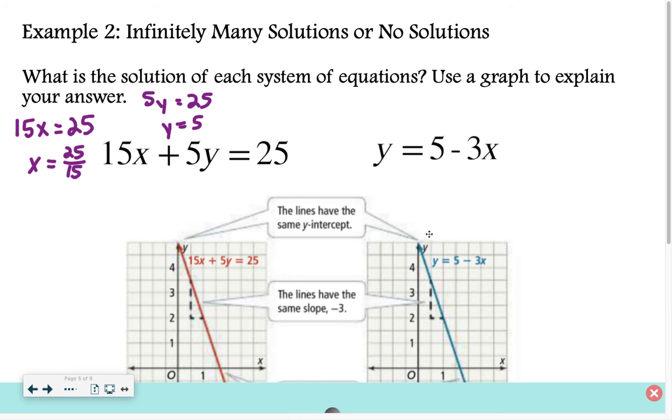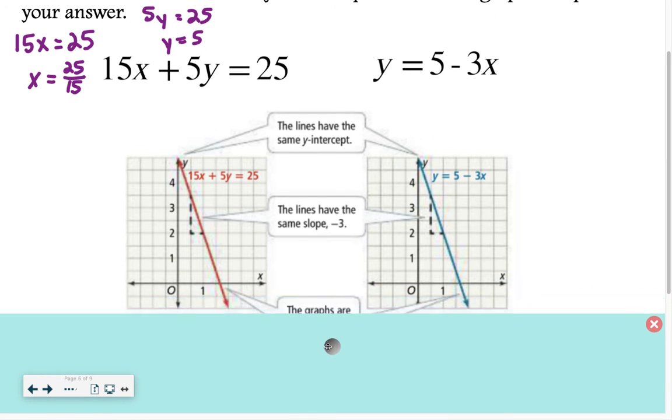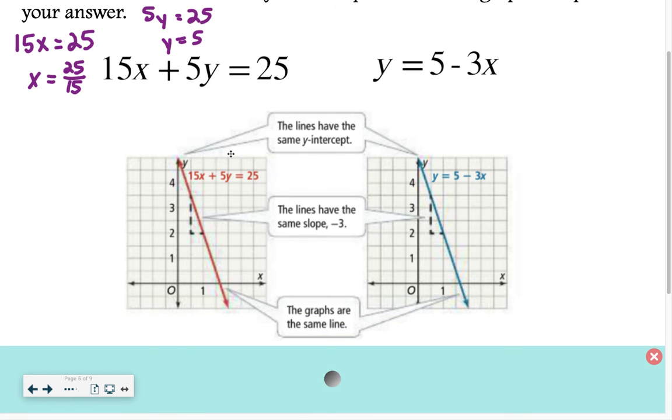Okay, so if we graph these two lines, this is what we get. 15x plus 5y equals 25, and y equals 5 minus 3x. They have the same y-intercept. They have the same slope.